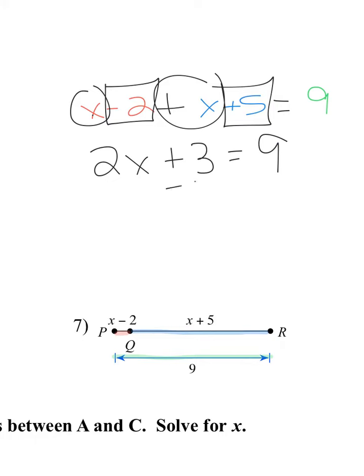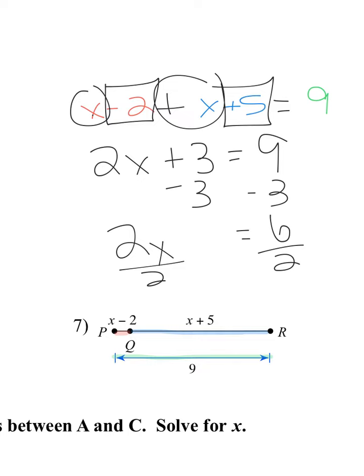Now I'm going to subtract my constant from both sides. I end up with 2x equals 6. And I'm going to divide by 2 on both sides, leaving me with x equals 3. This question is just asking us to solve for x. We don't need to plug it back in. That's my final answer. Let's do one last problem.